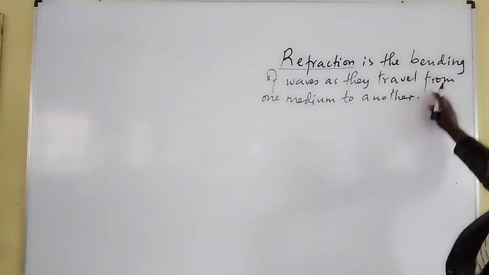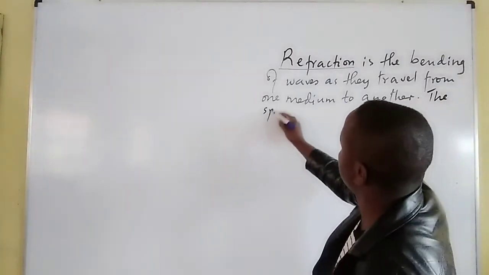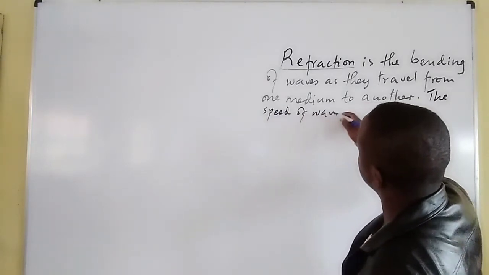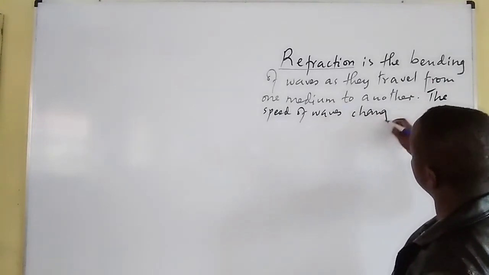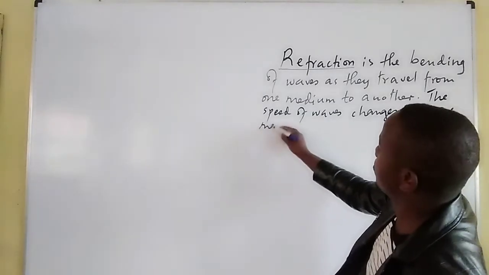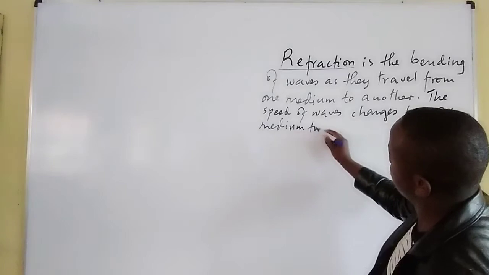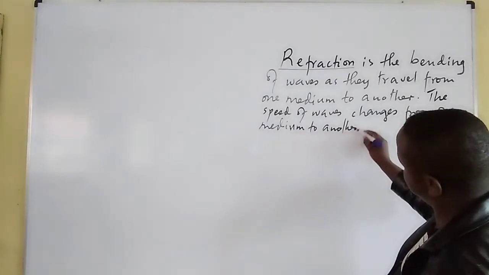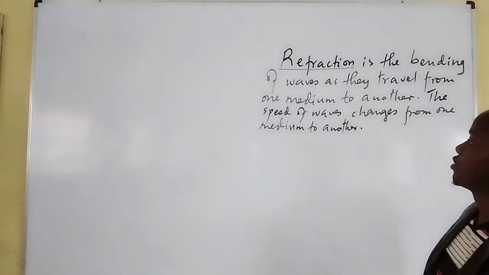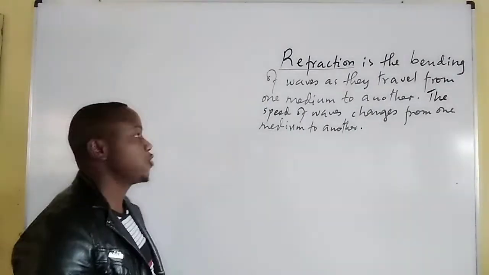And it is good to note that the speed of waves changes from one medium to another. So in this case, we are going to consider the behavior of water waves.